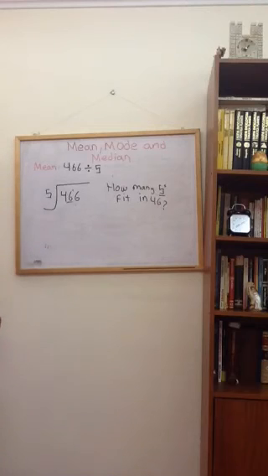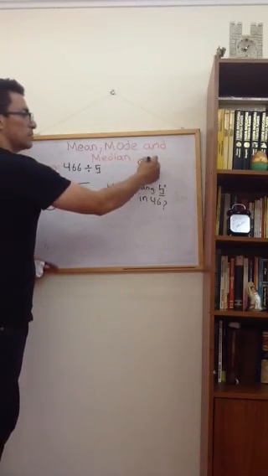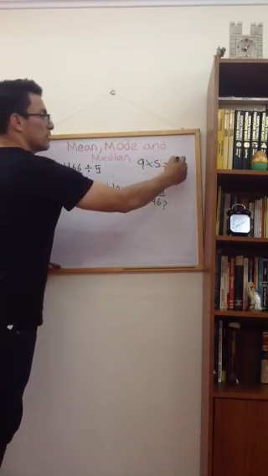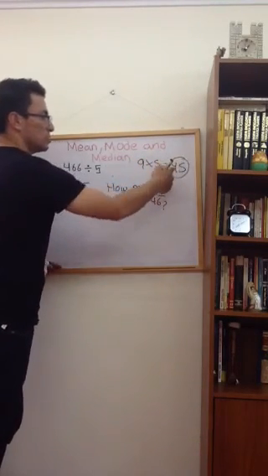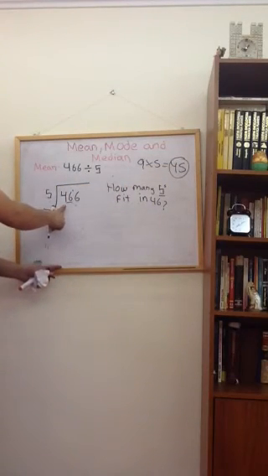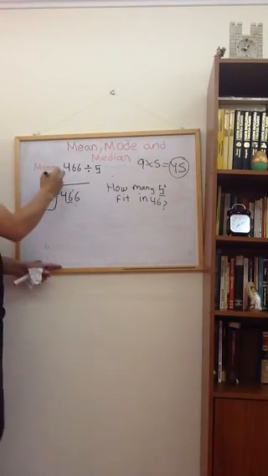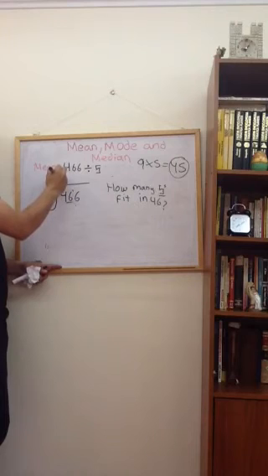That's kind of an easy question because all we have to do is guess how many 5s can fit in 46. If we notice, we can actually put 9 5s, right? Because 9 times 5 is equal to 45. So this is closest to 46, all right? So that's equal to 9.